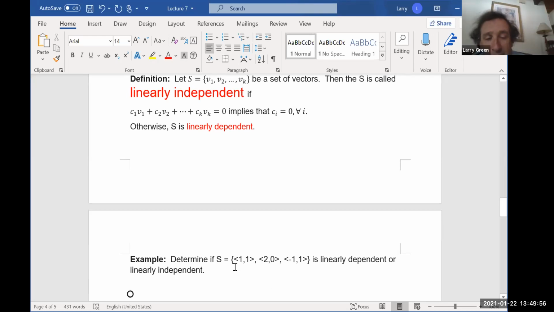You could use C1, C2, and C3, but the typing, especially with Microsoft Word, is kind of messy, so I'm just going to use A, B, and C. It doesn't matter what you call them. If you have 100 of them, then you better not use A, B, and C because you'll run out of letters.